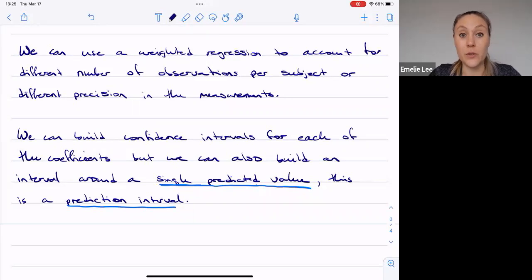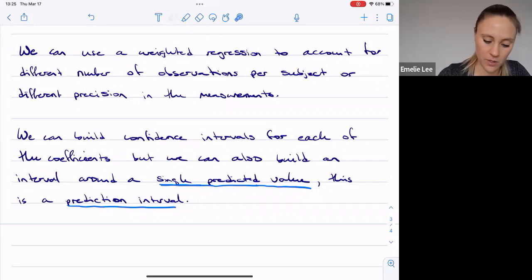Those are just kind of, you can do weighted regression, you can build confidence intervals, you can use prediction intervals, but of course, those are just things to keep in mind until we actually see some. But just keep in mind the difference between a confidence interval and a prediction interval. A confidence interval is based off of a sample, whereas this is for a single value, right?